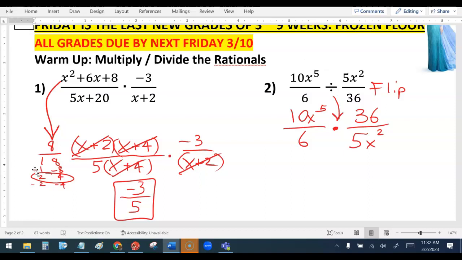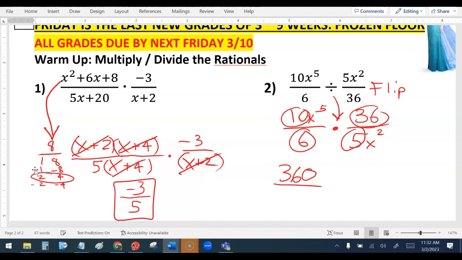Well, it's okay. So see all the numbers, the regular numbers, let's multiply them. So on top, 10 times 36 is what? Not 3,000. Too big. 10 times 36, what do we get? 360 over, and then we got 6 times 5 on the bottom.